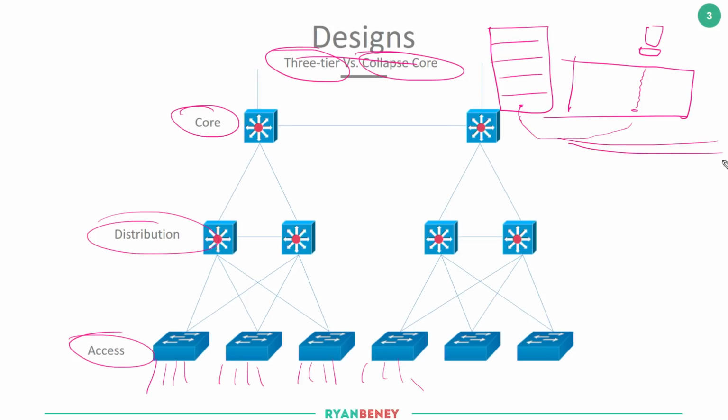Everyone else's cables would come back under the floor and also plug into this particular switch. This is the access switch. It normally sits inside the building, or so does the distribution and even the core, depending on the size of the building. But let's say this is just a single floor and it has just a single access cabinet.